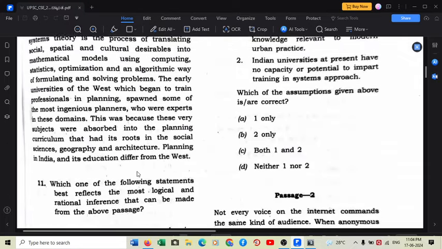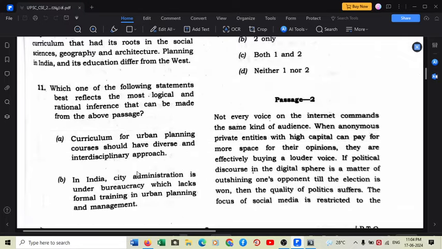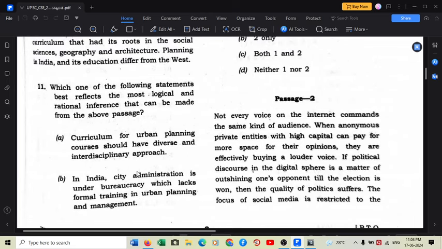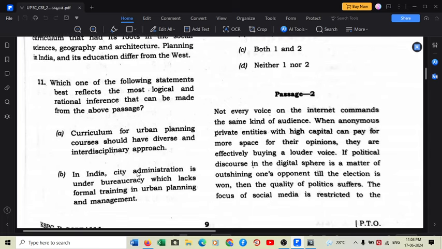Let us see, because we have to find the most logical. Please understand this trick by UPSC: this option seems okay, but what we have to look at in options B, C, and D is whether they sound more logical than option A. So let us have a look at that. In India, city administration is under bureaucracy which lacks formal training in urban planning and management.